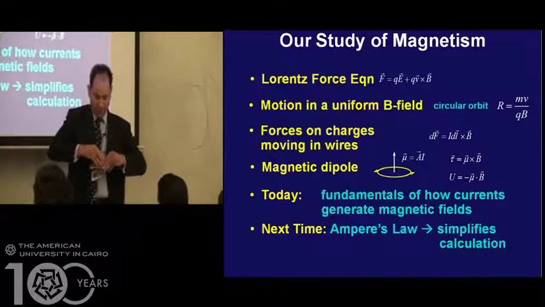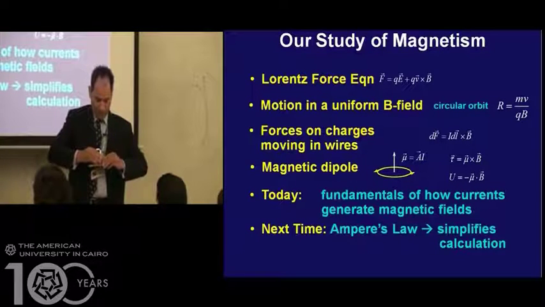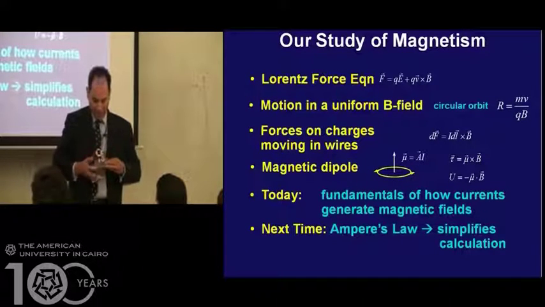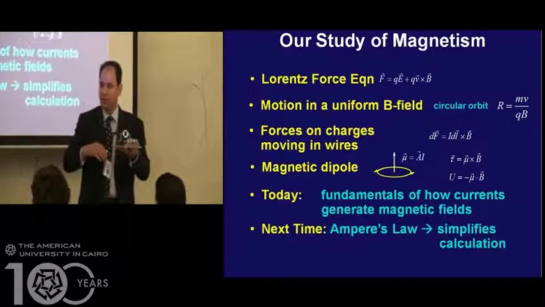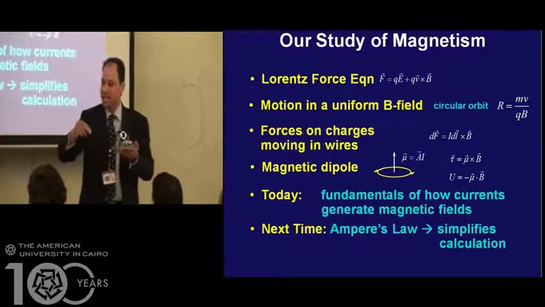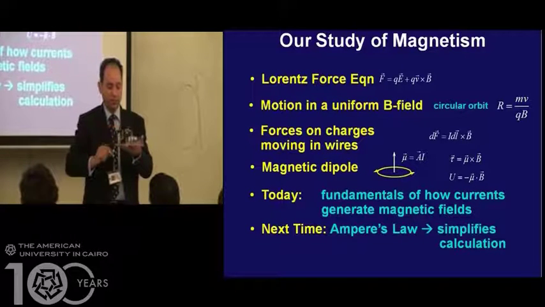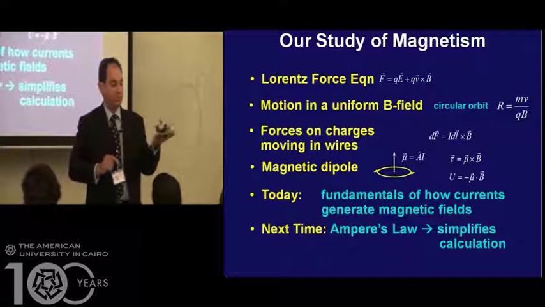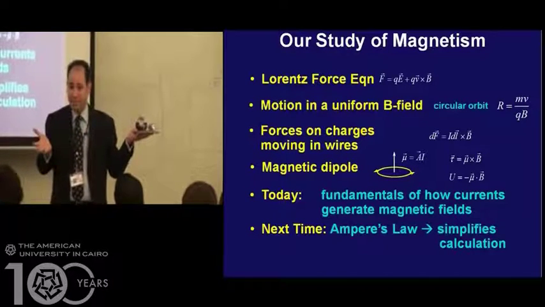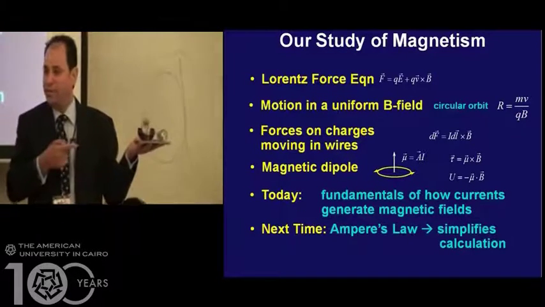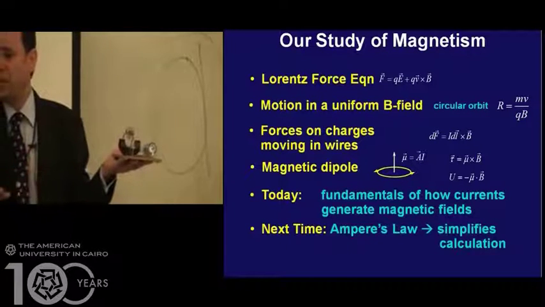I'm putting in a battery, and the battery is nothing but a source of potential difference that makes the charges inside the metal flow. So this is the loop, and it will rotate. That's simply a motor.